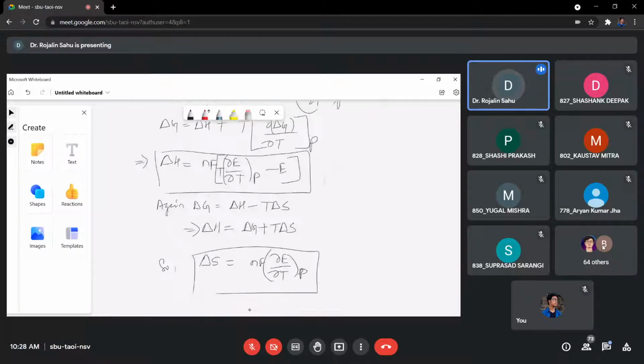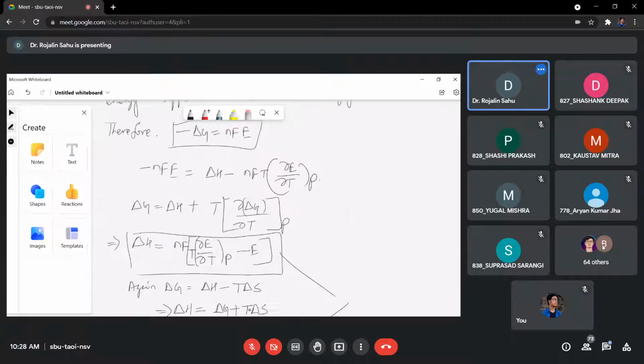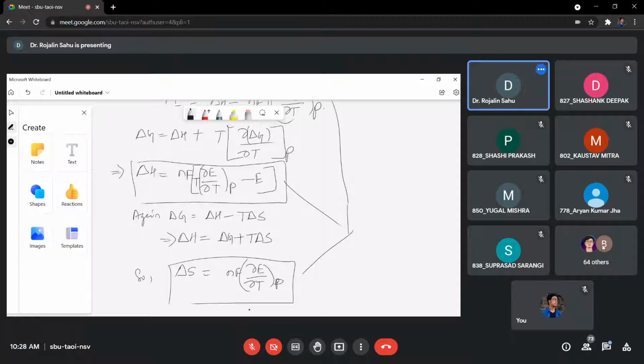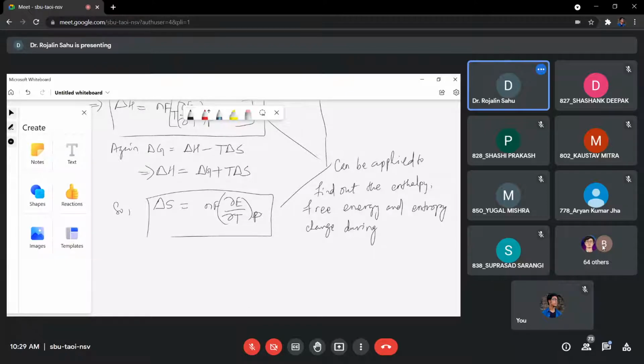These three relations can be applied to find out the enthalpy, free energy, and entropy change during electrochemical cell operation.